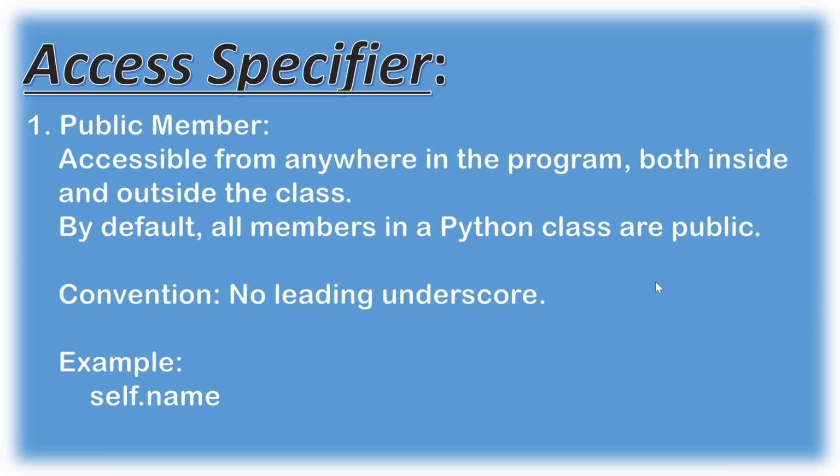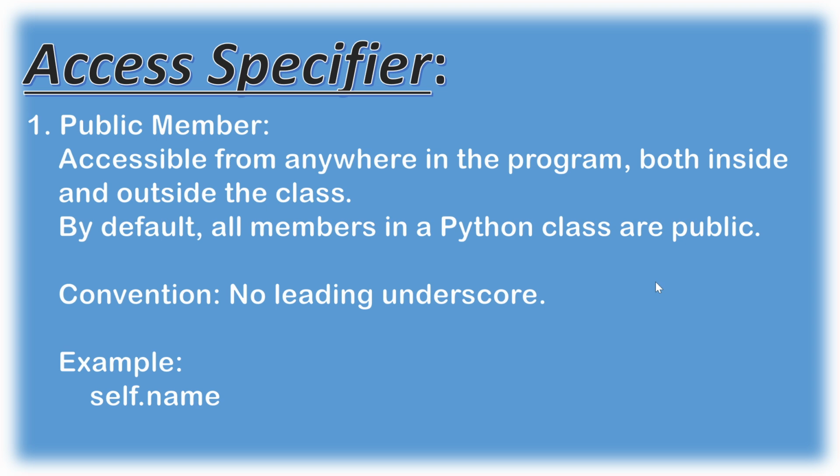So first one is the public member. A public member is accessible from anywhere in the program, both inside and outside of the class. By default, all members in a Python class are public. So the convention is no leading underscore.